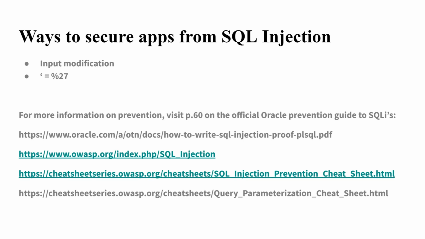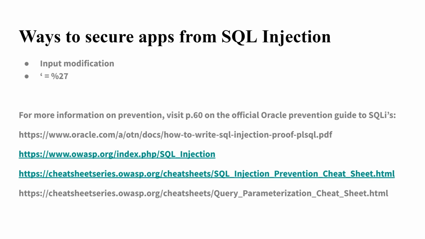And then also sanitization. Sanitizing user input in every field which is sent to the server is important not only for SQL injection, but for other scripting attacks. And sanitization is encompassing the input modification and the special characters and things like that.